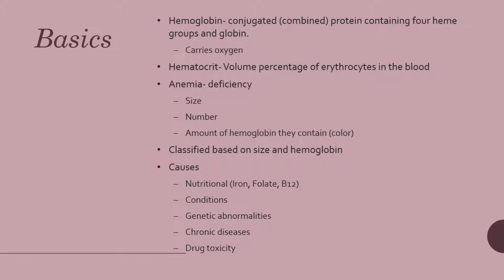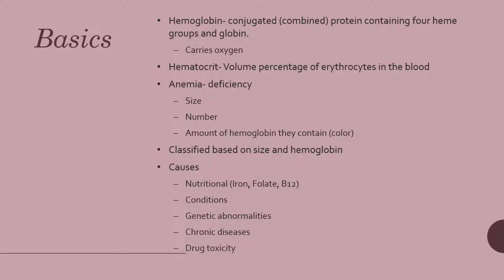So in anemia, we are really considering the red blood cell, what's the condition of the red blood cell, and in particular, what information do we have about the hemoglobin that is found in that red blood cell? Remember, the hemoglobin is the protein that carries oxygen, and we find almost all of it within your red blood cells.